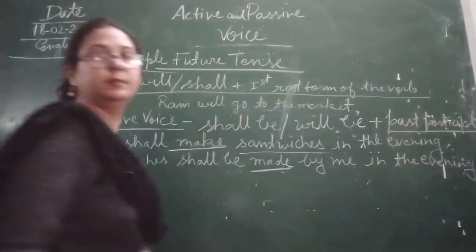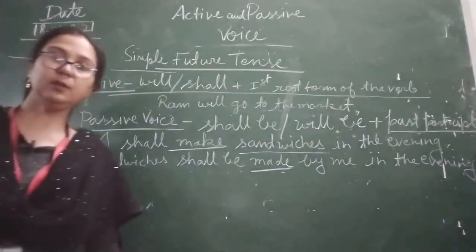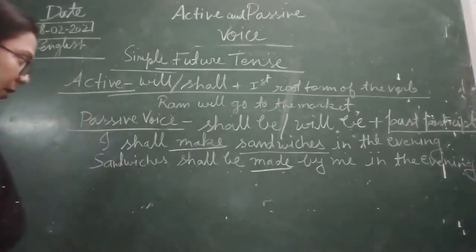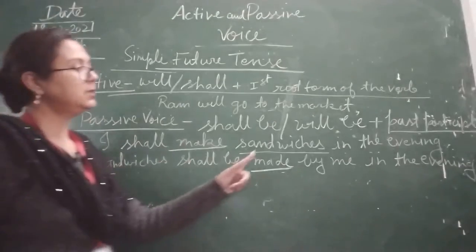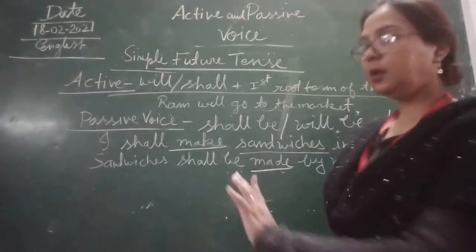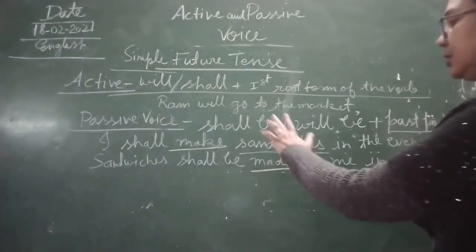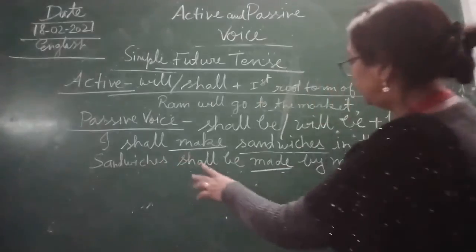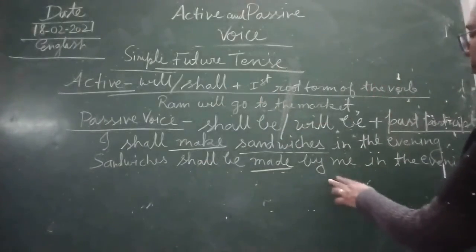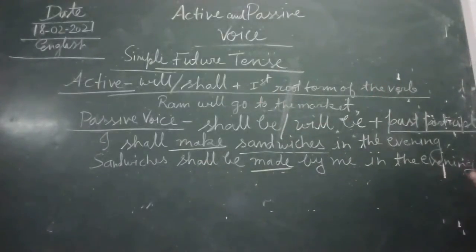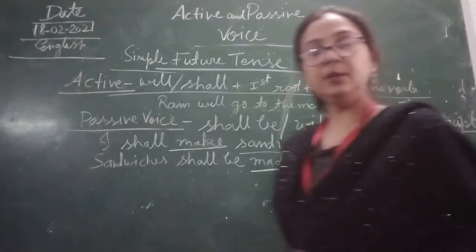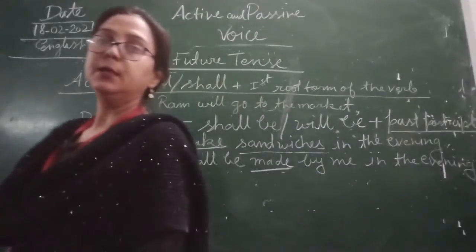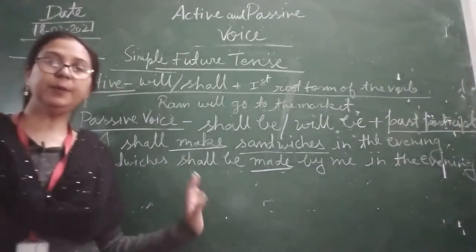Simple? Any confusion children? No, I don't think so. I shall make sandwiches in the evening. Here you can see sandwiches becomes the subject. Sandwiches shall be made by me in the evening. Simple children? Okay. So children, I hope it is clear.